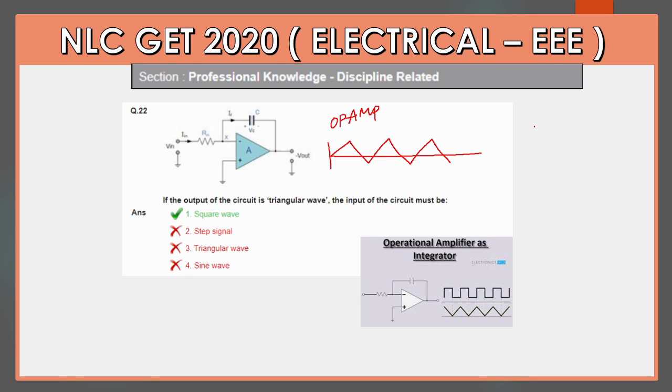We know that step signal, square signal, if you integrate it, it will be the triangular signal. So the answer will be square wave. Input will be square wave.